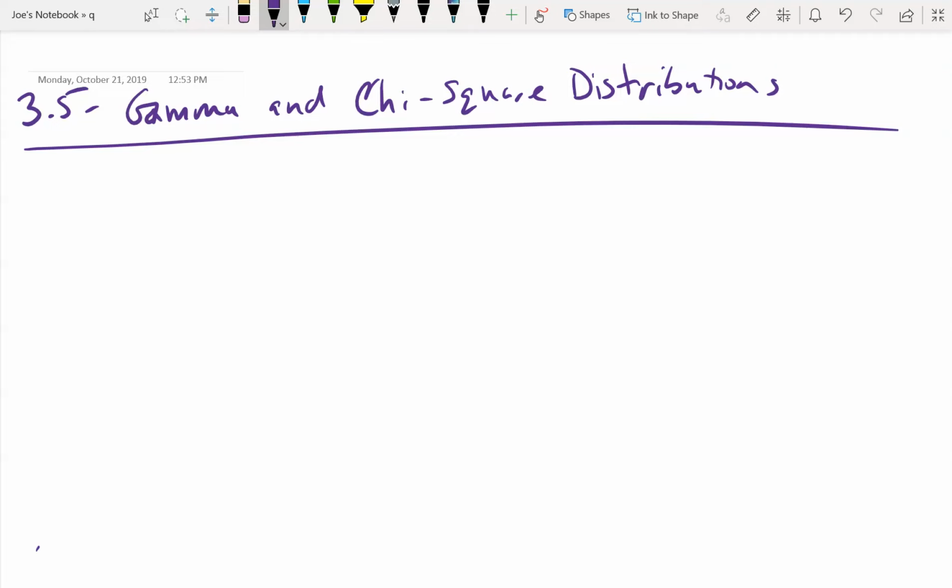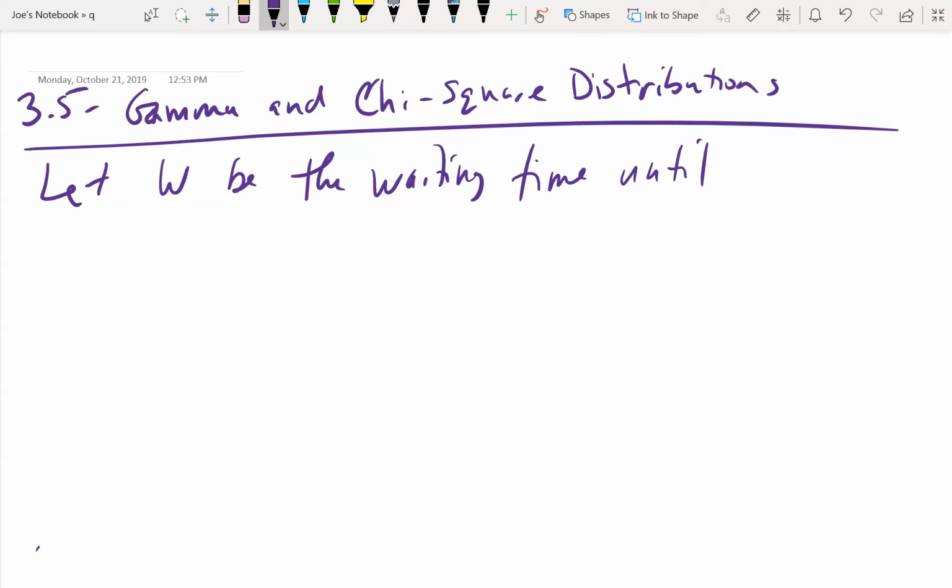Let's let W be the waiting time until not the first occurrence, that's exponential, but to make it as general as possible, we'll say the alpha-th occurrence, because of course we have to use a Greek letter, of a Poisson process.